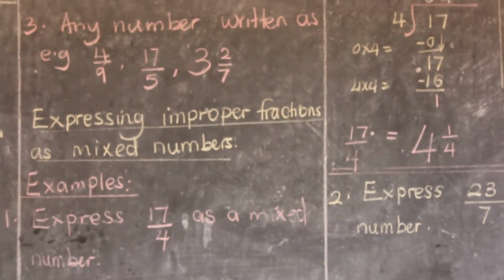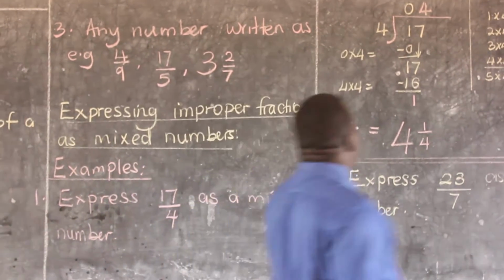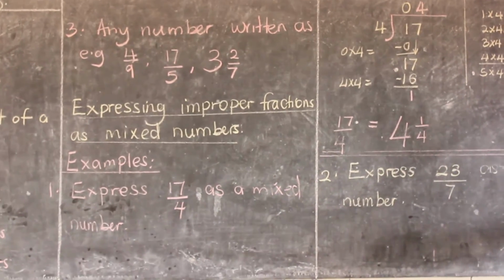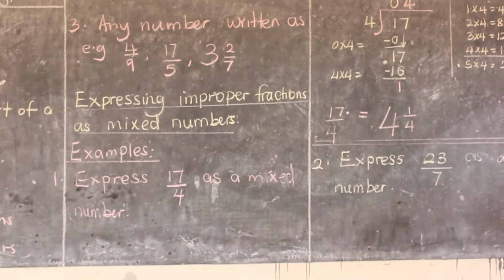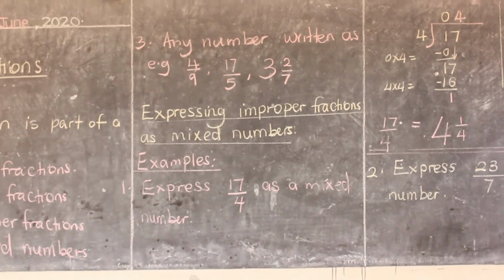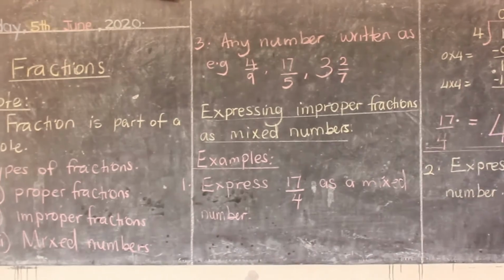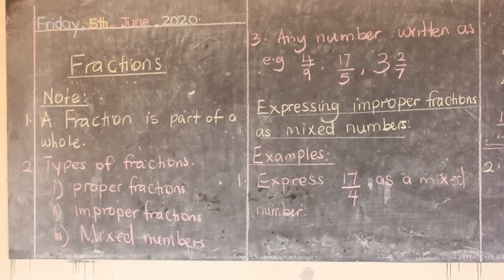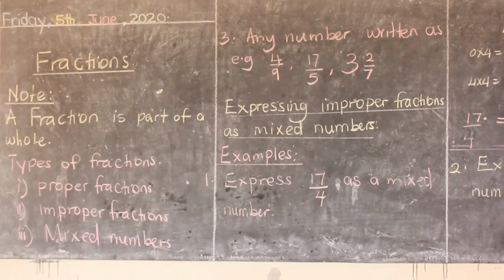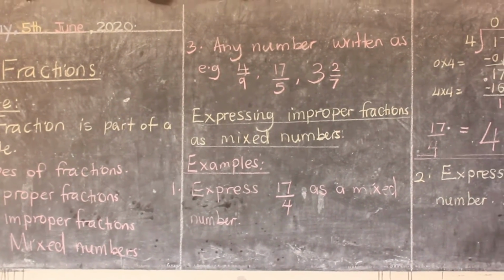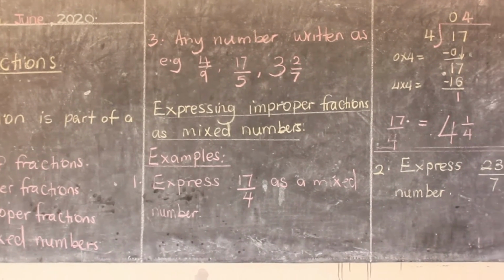In our example 3, I want us to express 211 out of 14 as a mixed number.